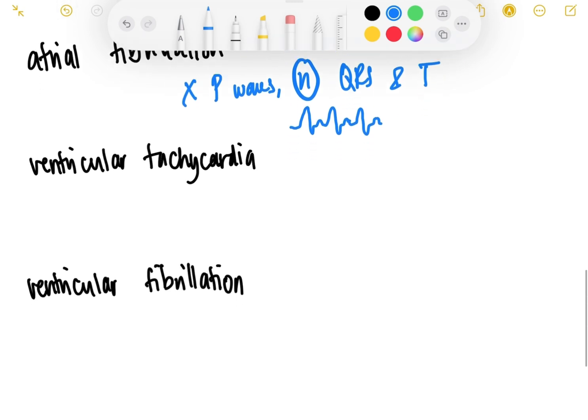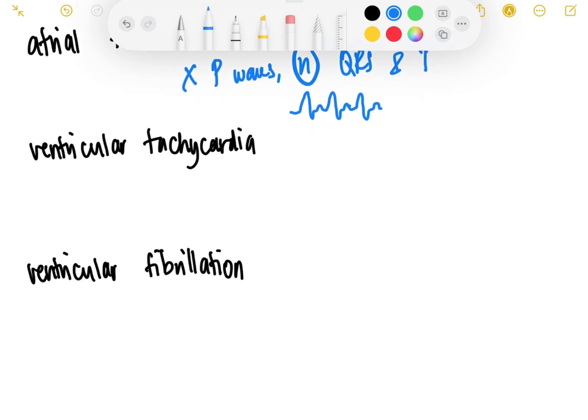Okay, now let's talk about VTach and VFib. In your ventricular tachycardia, puro QRS. Halos puro QRS lang ang nakikita natin when you look at ventricular tachycardia. QRS, PQRS, PQRS. QRS lang ang ating patient.